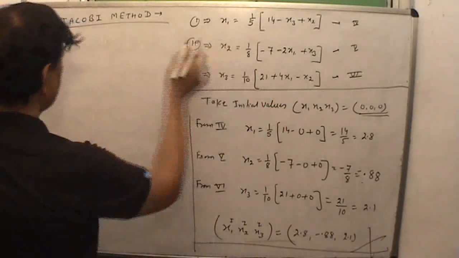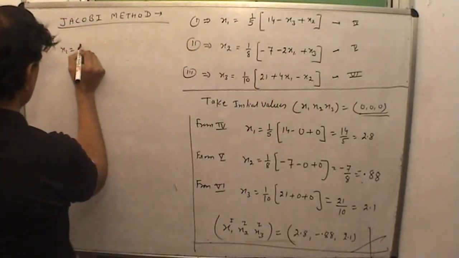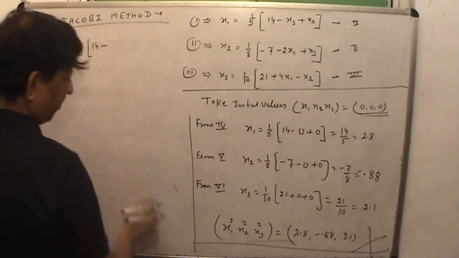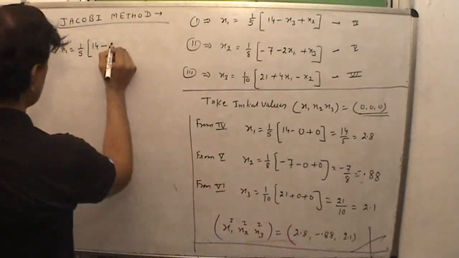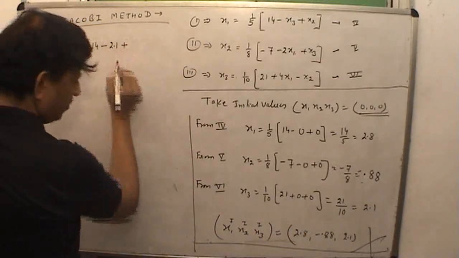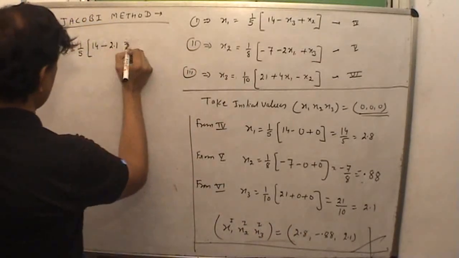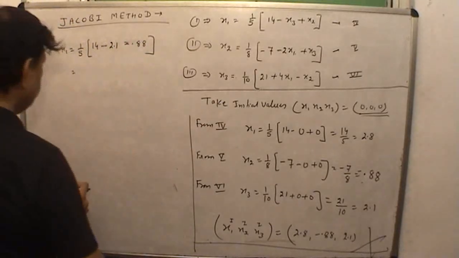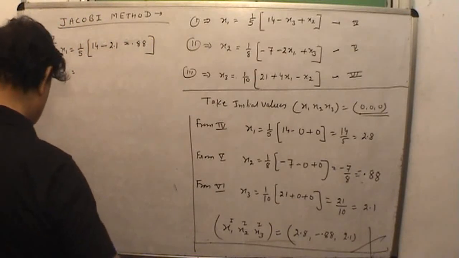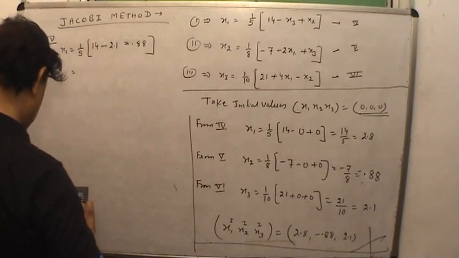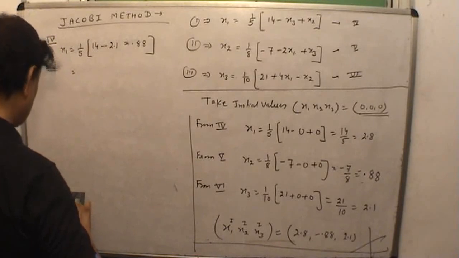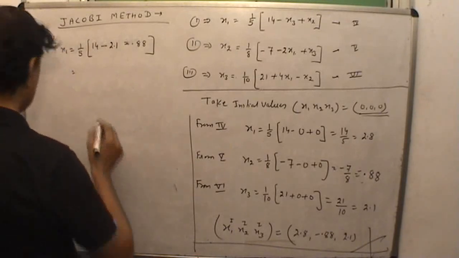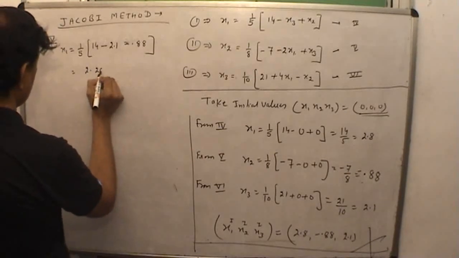It is x1 is equal to 1 by 5 into 14 minus, what is x3? 2.1, plus x2, it is minus 0.88, that is equal to 2.204.